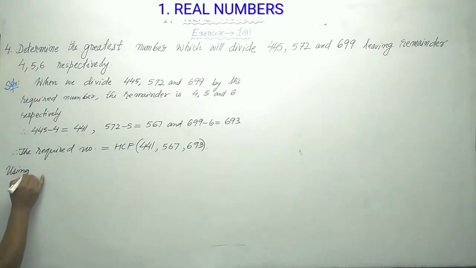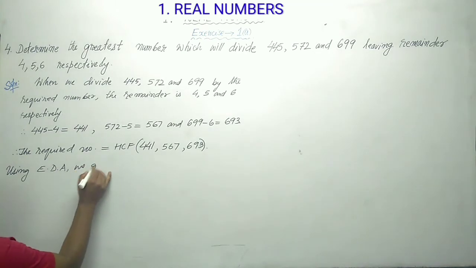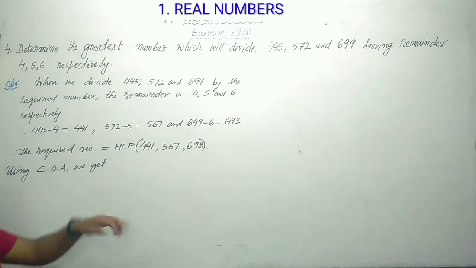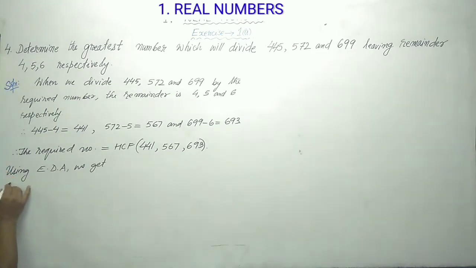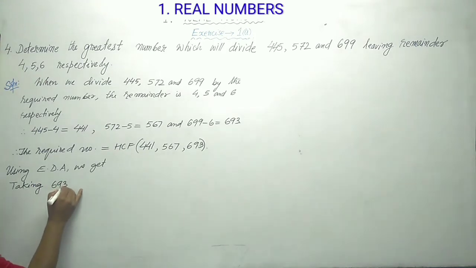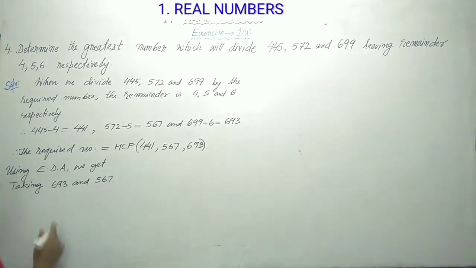Using Euclid's division algorithm, we get, now, take any two big numbers. Which is bigger? I'll take this and this, 693 and 567. Between these two, which is bigger? 693 is bigger.